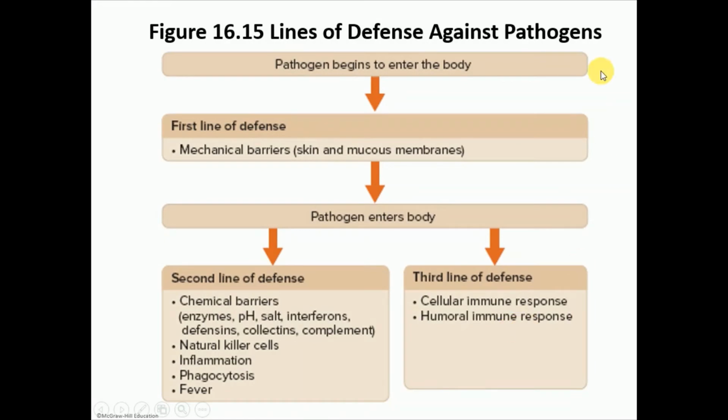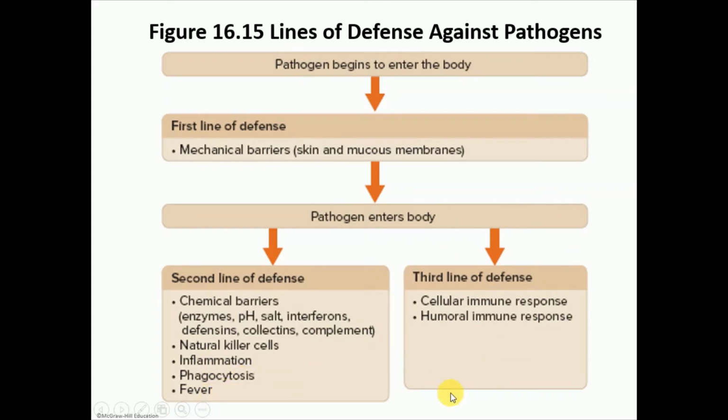This kind of shows you all of the lines of defense. So the pathogen tries to enter your body. Your first line is your mechanical barrier, the skin and the mucous membrane. But what happens if the pathogen actually enters the body? Well, we have the secondary lines of defense, which are your chemical barriers, natural killer cells, inflammation, phagocytosis, and fever.